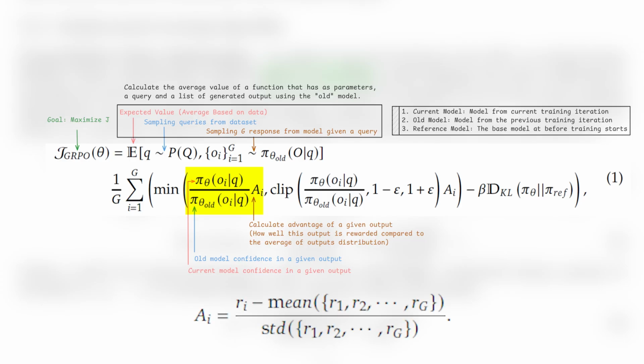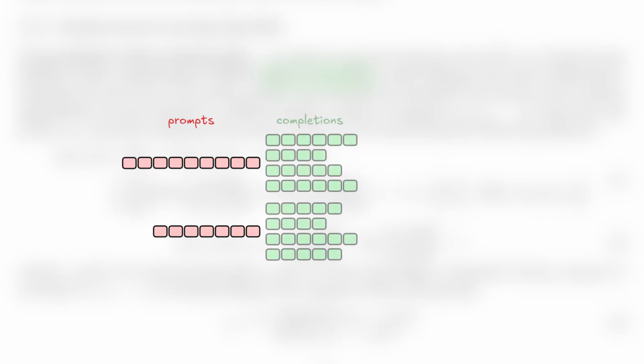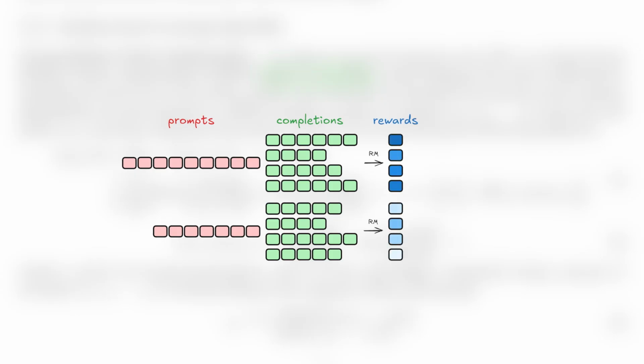So the advantage is calculated as such. For example, we have a prompt, and here we have the completions that we generated. So we generated a certain number here, for example, 4 completions. And then we get the reward based on the reward functions that we defined. And by normalizing these rewards, we get the advantages.